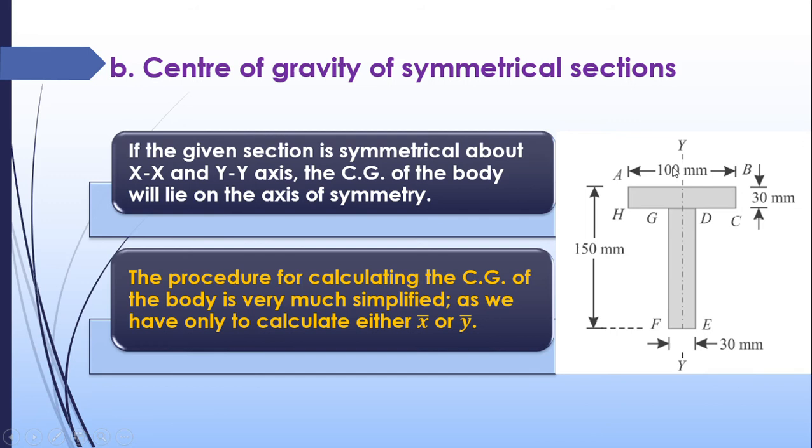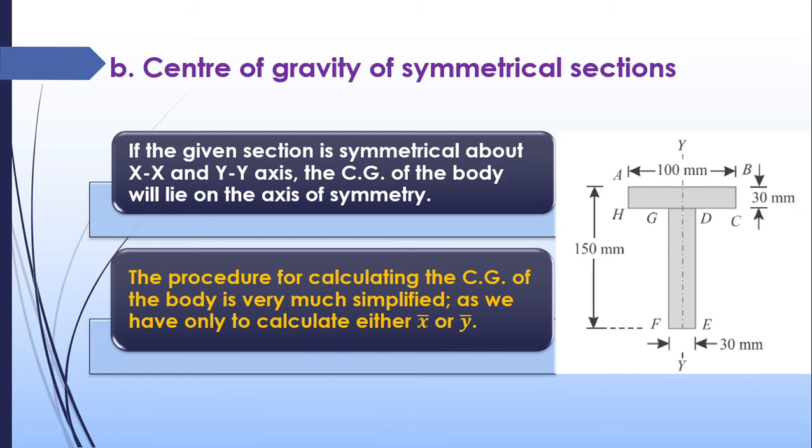In such a kind of section, we no need to find the center of gravity in both the directions, x and y direction. It is not necessary. So at only one axis we can find the center of gravity that will be equal to the other. Okay, x will be equal to y in that case.